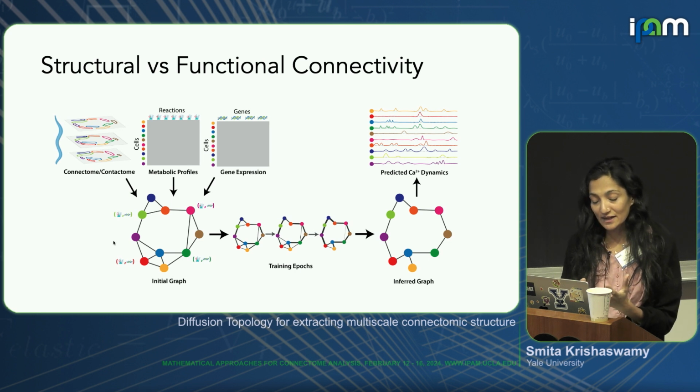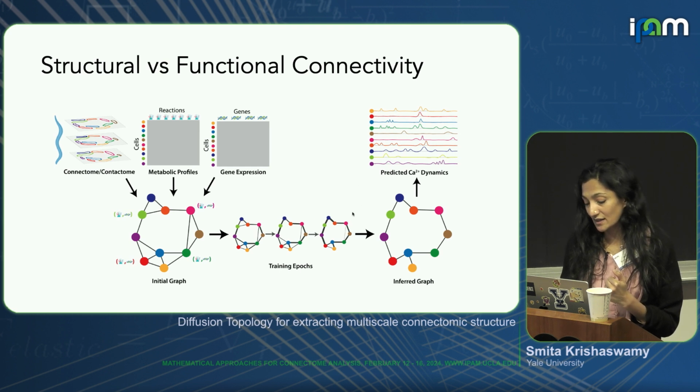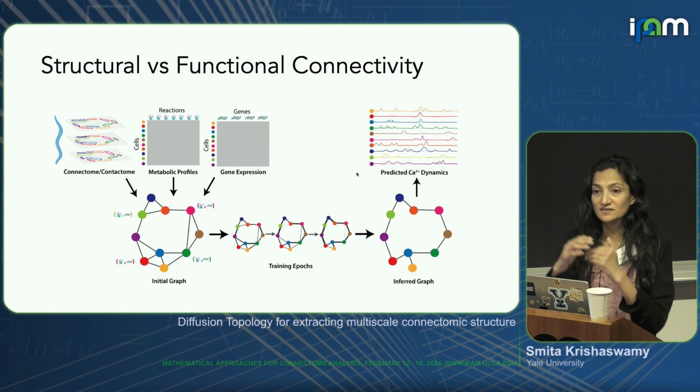One idea we have for going from structural to functional connectivity is to use a graph neural network where we start with a connectome. We place some key features on here, whatever we have. And if we don't have many features, then it can just be a prediction task. What we're training the graph neural network to do is predict the dynamics of some kind of activity.